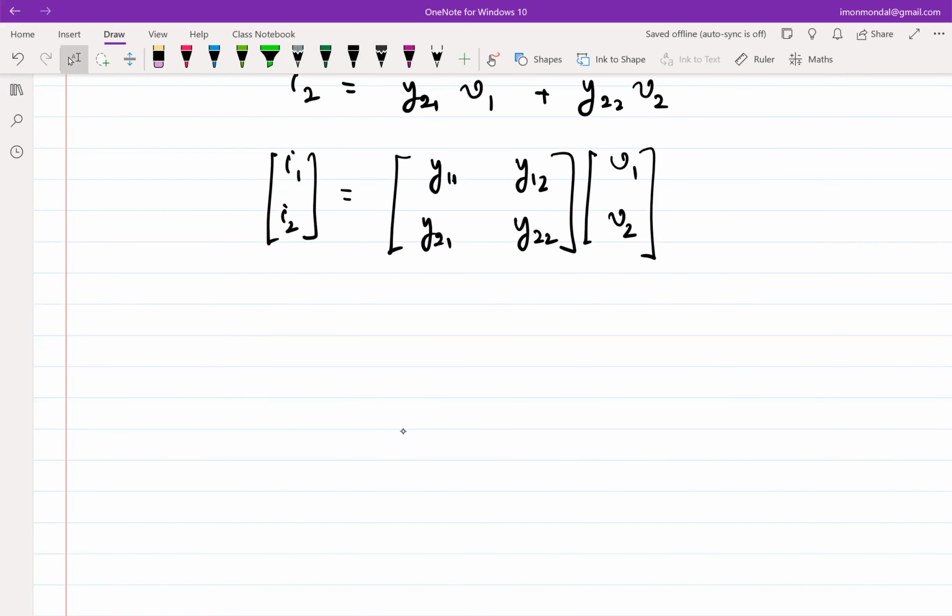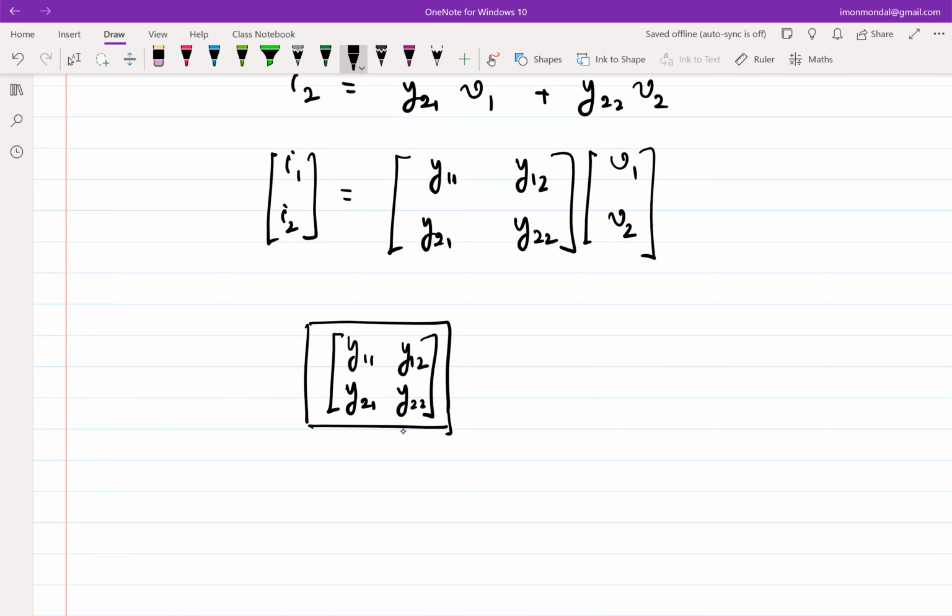So now that we have arrived at this juncture, we have a framework of the same old nonlinear network, whose incremental relationship between the port voltages and the currents can be represented by a system of linear equations, and the governing parameters for the system of linear equations are the incremental y parameter matrices.